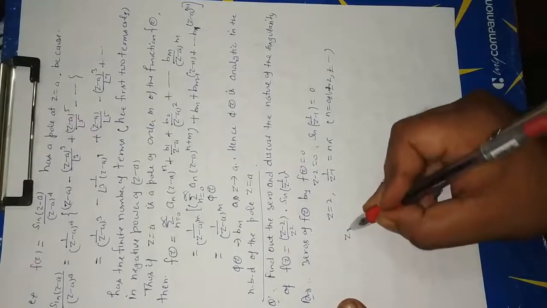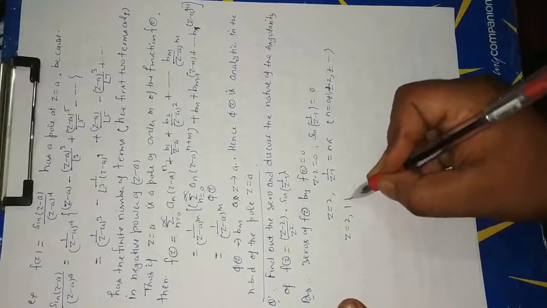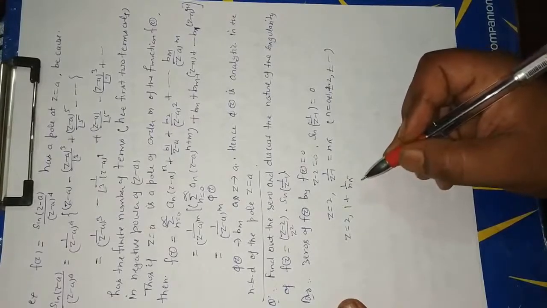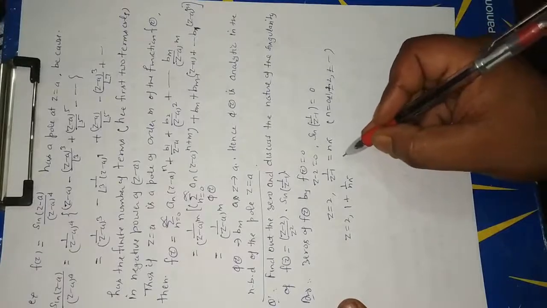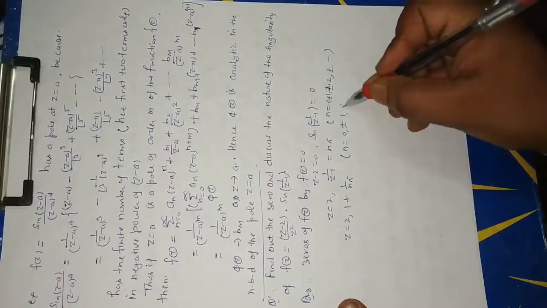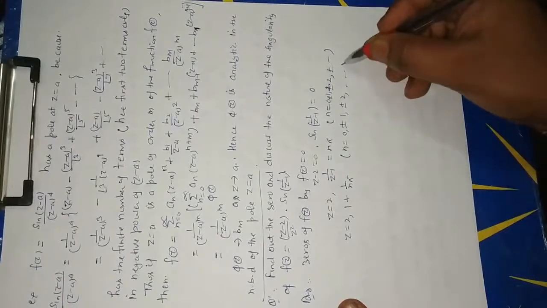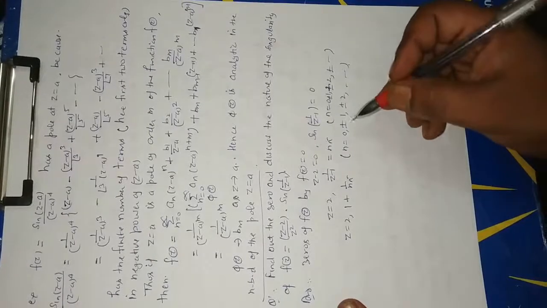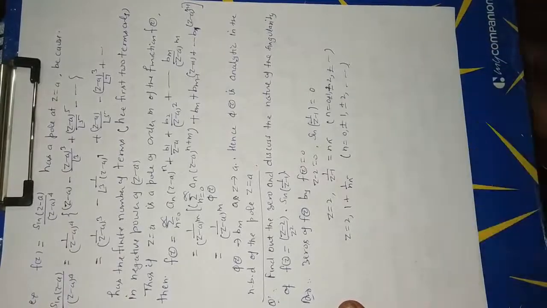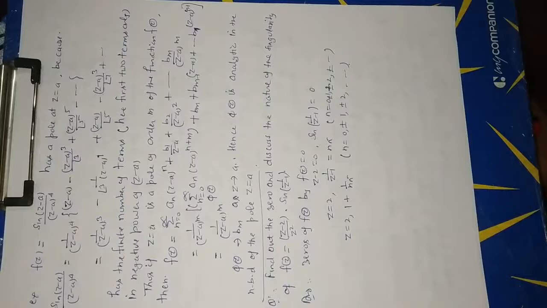Now z equal to 2, comma z equal to 1 plus 1 upon n pi, where n is equal to 0, plus minus 1, plus minus 2. Okay, these are the zeros of the function: z equal to 2 and z equal to 1 plus 1 upon n pi.